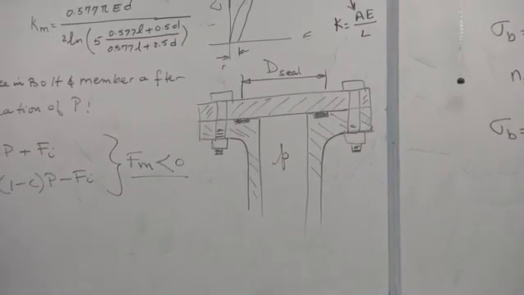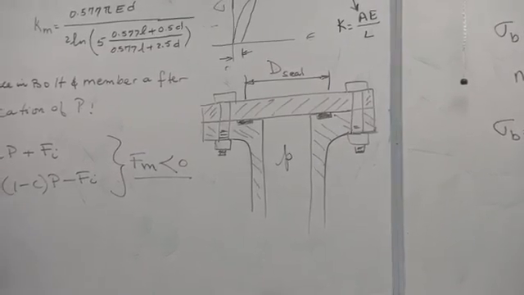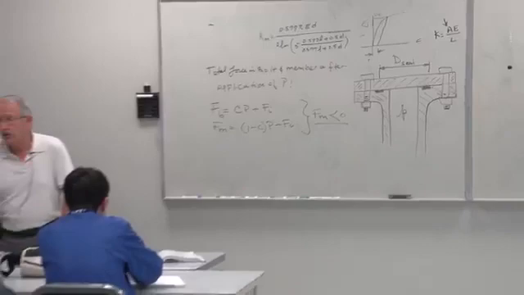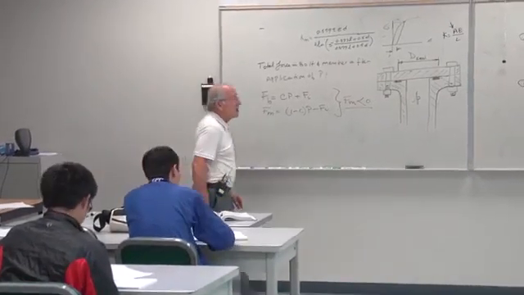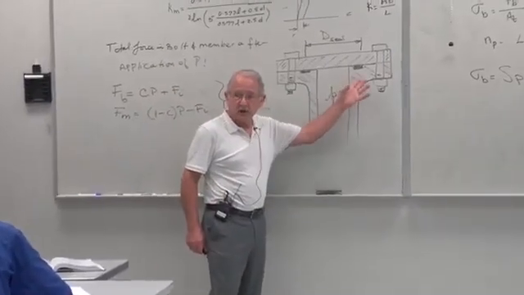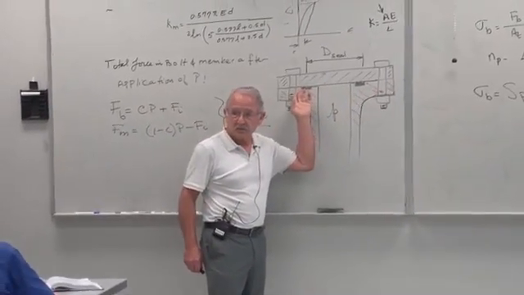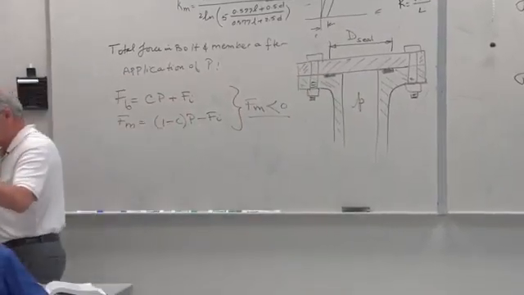That's called the sealing diameter. And it is not equal to the internal diameter of the cylinder. It is larger than the internal diameter of the cylinder. It may even be larger than the external diameter of the cylinder, depending on where your gasket is. So don't even deal with either of those two diameters.